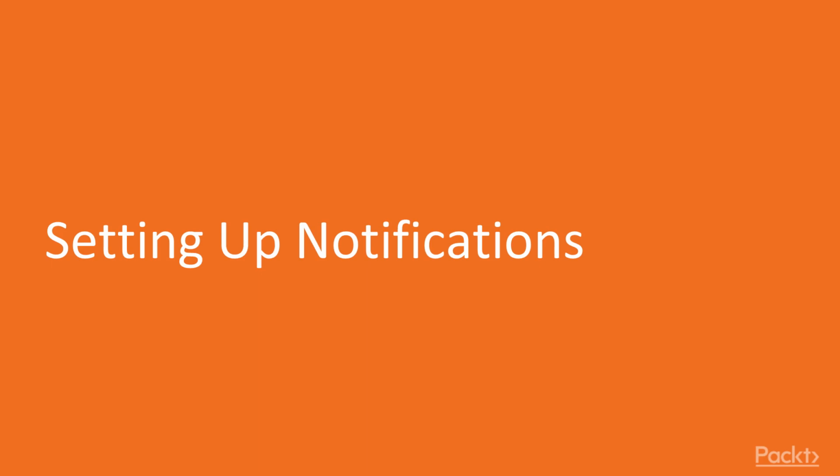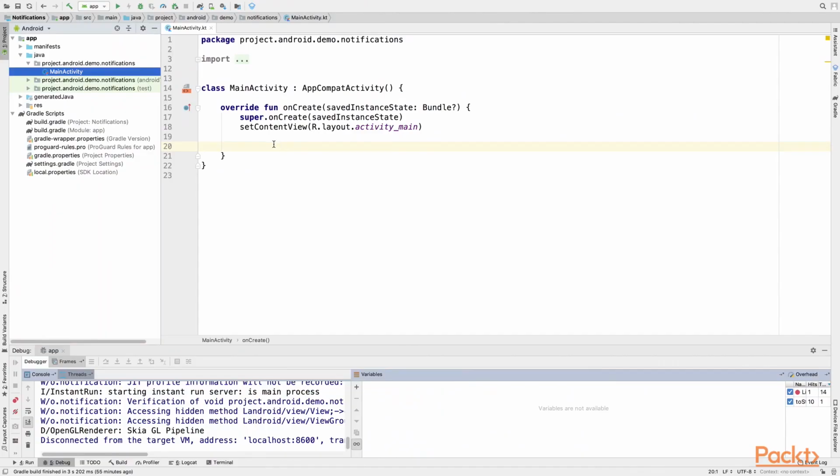Setting up notifications. So welcome back here at this tutorial. I have started up with a brand new Android Studio project, and basically all that I've done so far is create a layout file to properly showcase this notifications tutorial video.